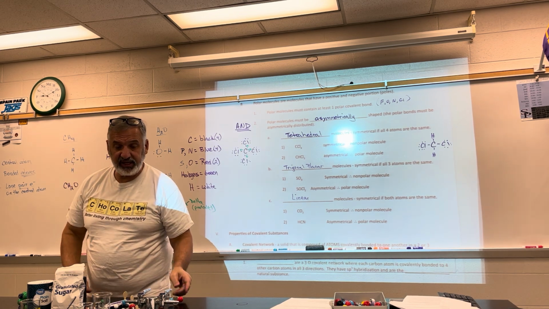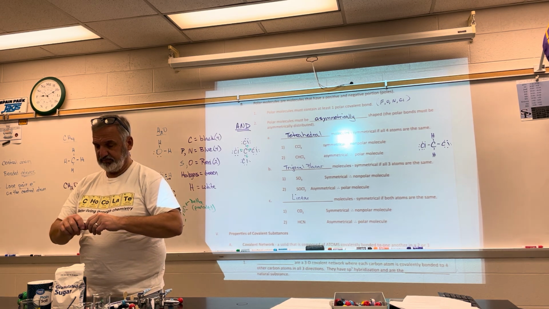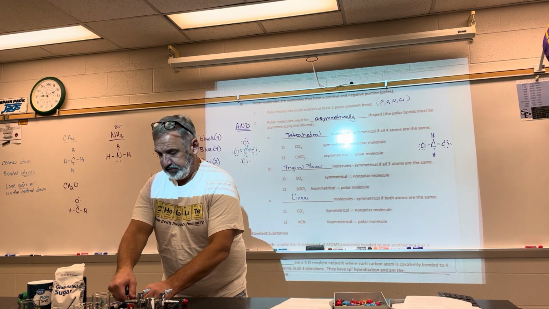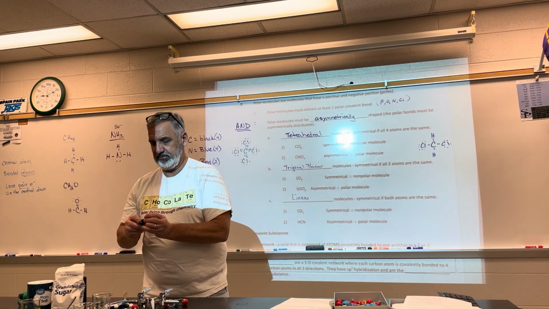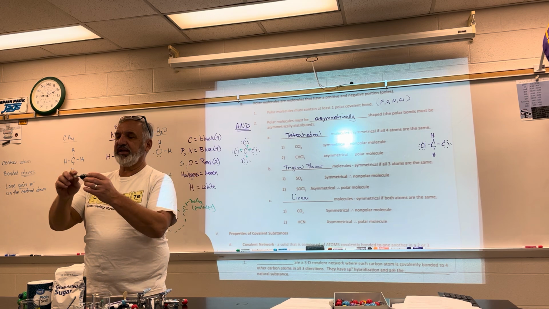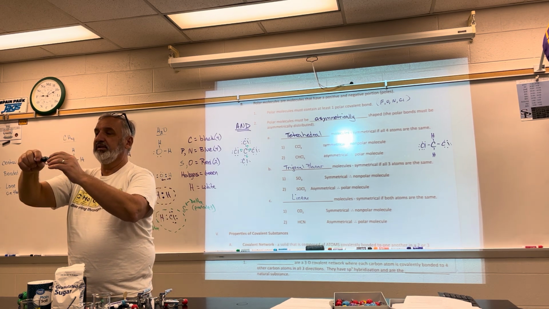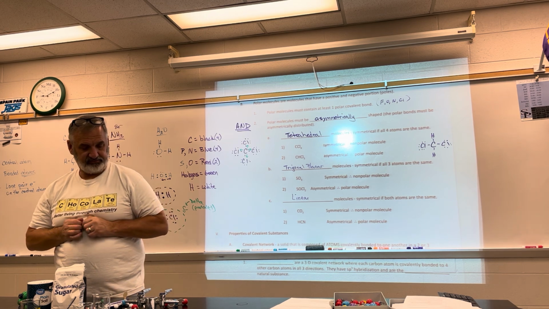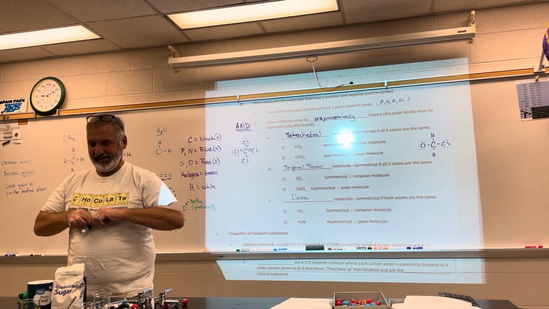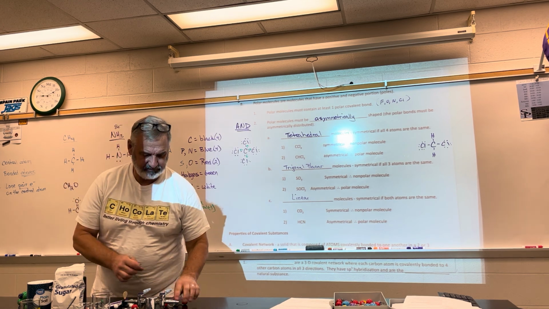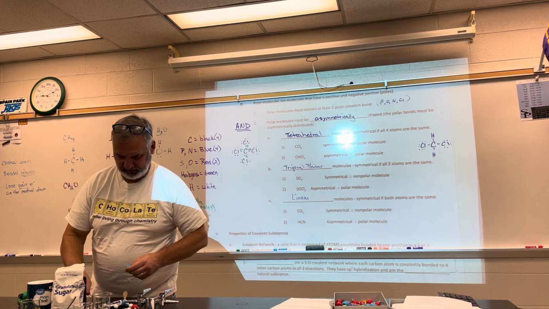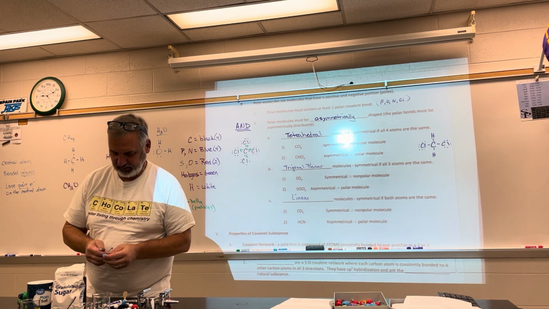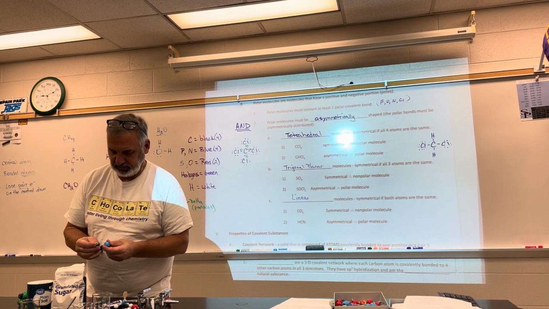But in your HCN, it looks like this with a lone pair. Let's just make this a nitrogen and this a carbon. It's going to look like this. To visualize.